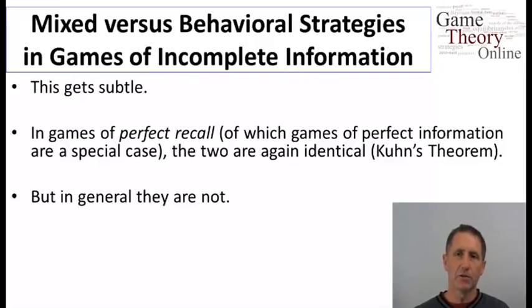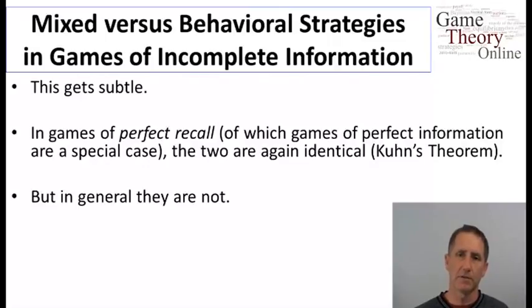It is still true in games of imperfect information where agents have what's called perfect recall. I won't define it formally, but intuitively, a game is a game of perfect recall if at every information set, each agent remembers exactly the path that took the agent there.